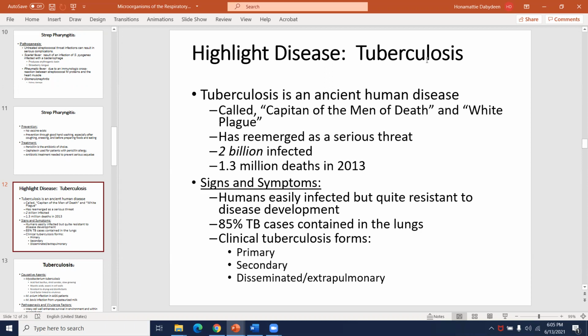And the outer wall is like fibroblasts, lymphocytes, and macrophages. So your immune system is trying to limit the spread of the organism by producing this wall around the organism, around the infected macrophage. And this is what they call the tubercle, in an effort to contain the organism.